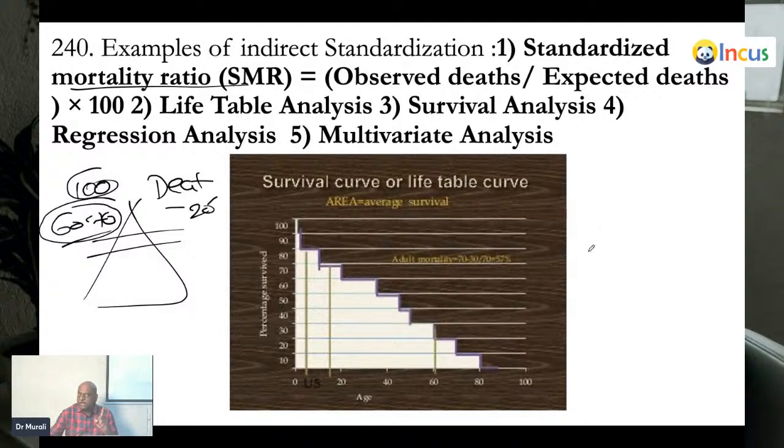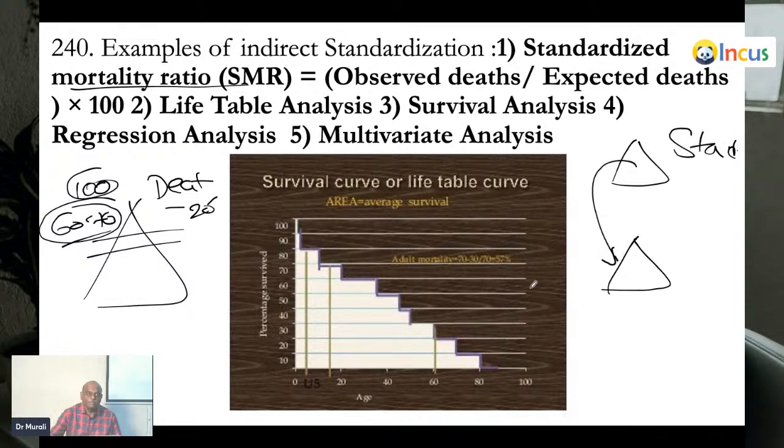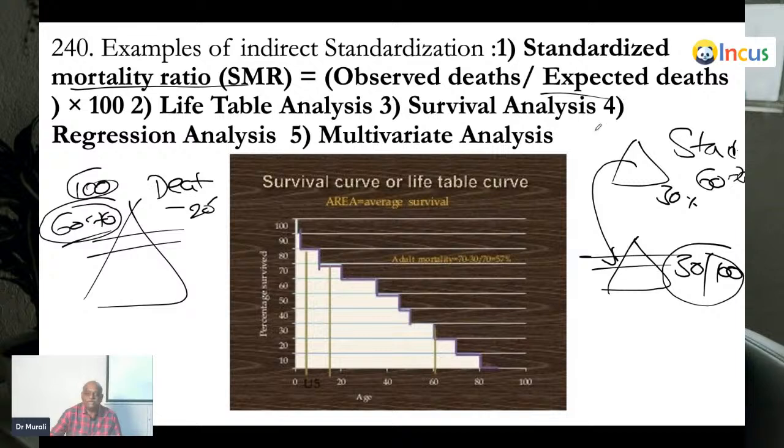But what you have done actually, you have the study group, you have the standard group, and in the standard group, 30% is the death rate between 60 to 70. So in this population, you are expecting 30 out of 100 to die. That is the expected deaths. But the actual observed is only 20.